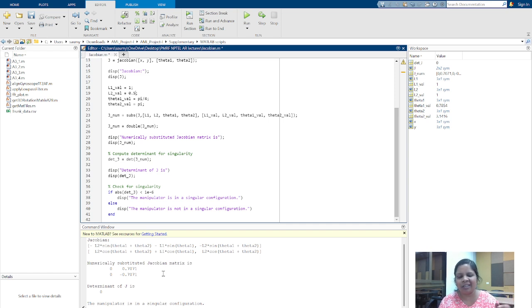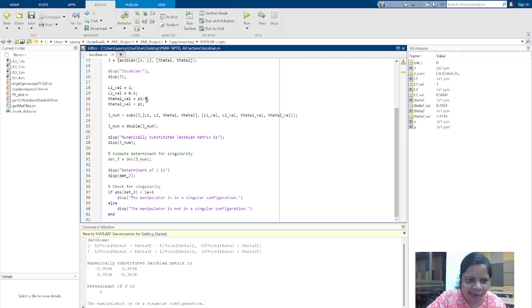So it really does not matter what L1, L2 or theta 1 is. What matters is the theta 2 value. I've kept the theta 2 value to be pi and I'm changing the L1, L2 values. Let's see what happens. Again, we get the determinant to be 0 and the manipulator is in a singular configuration.